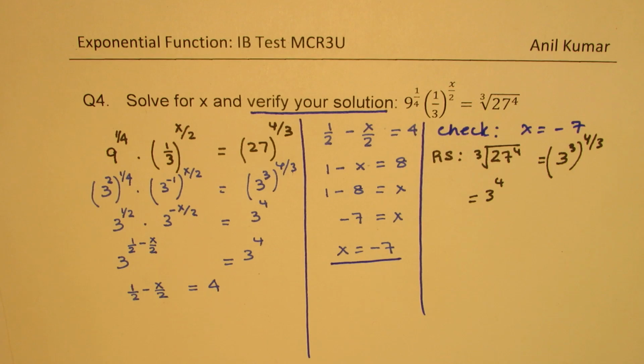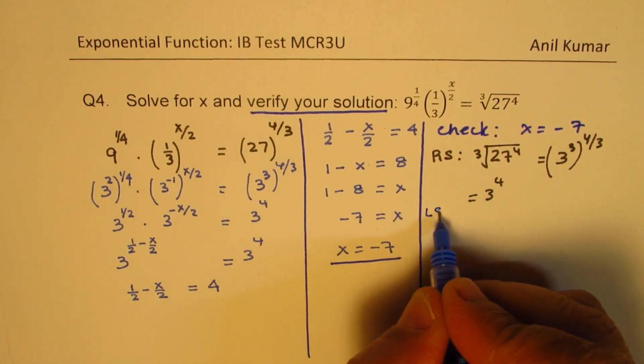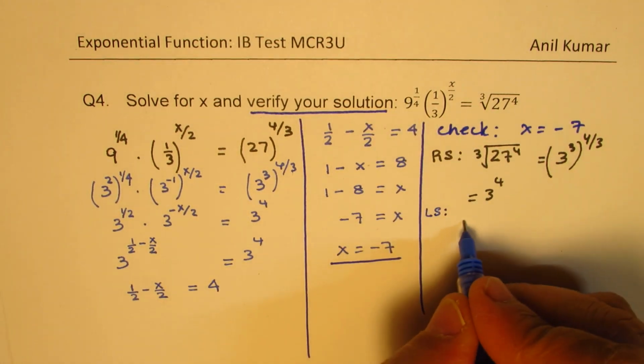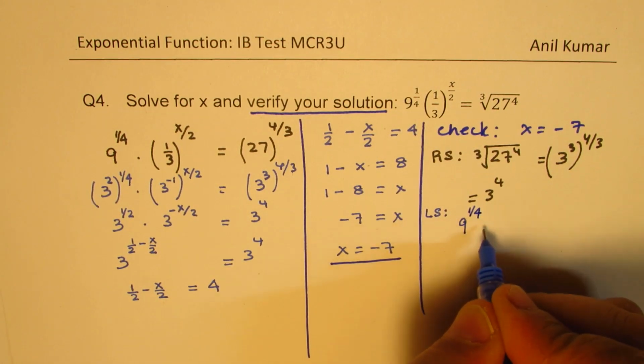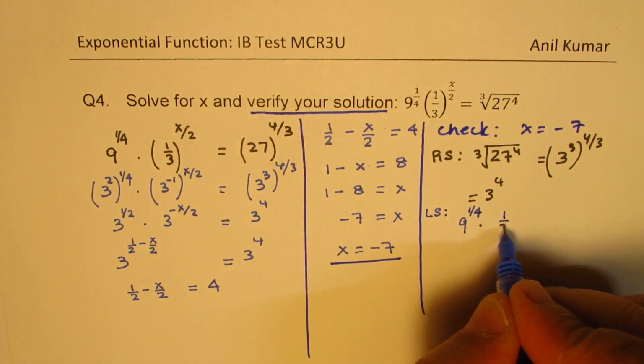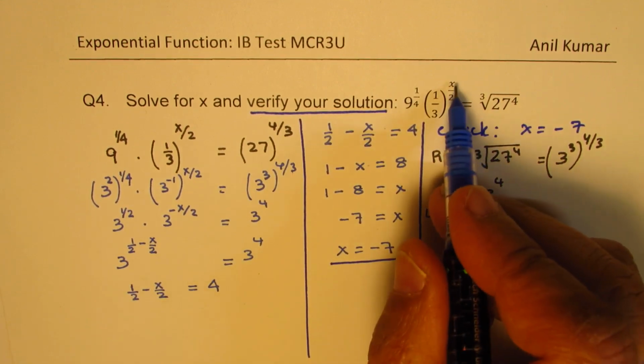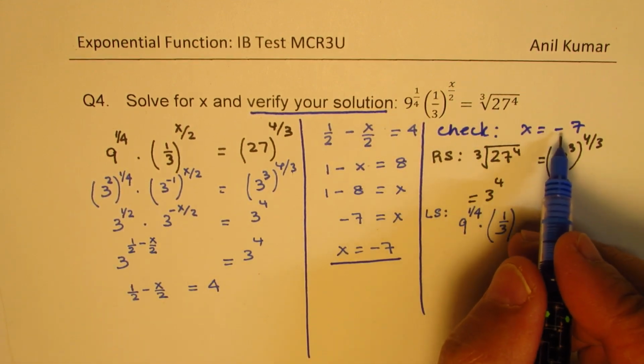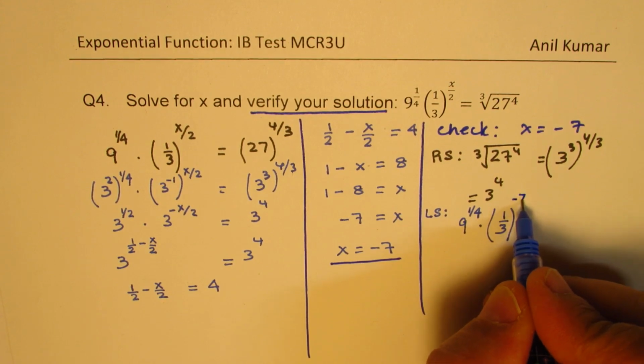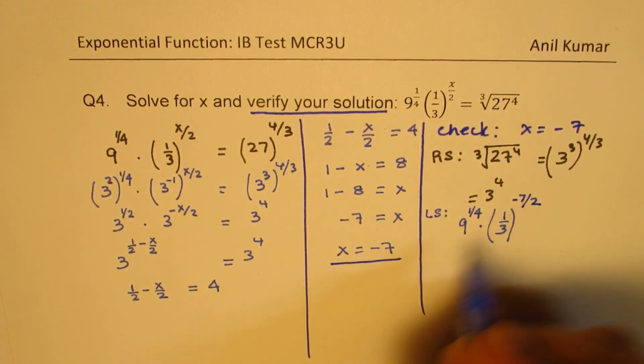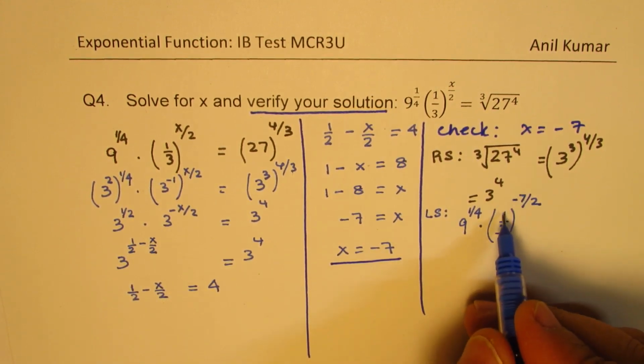Now let us check what the left side is. So the left side here is 9 to the power of 1 over 4 times 1 over 3 to the power of, now x is minus 7. So let's substitute minus 7 here, right? Minus 7 over 2. Now minus will make this a reciprocal.